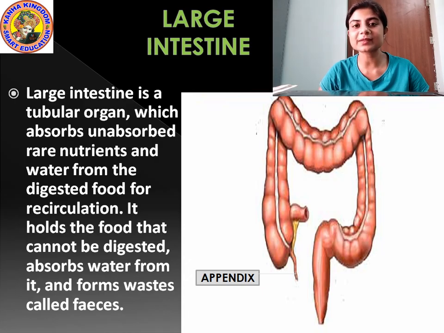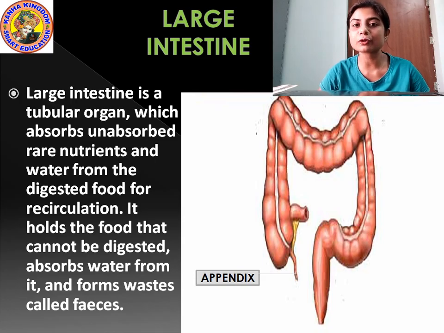The body absorbs the water from that undigested food, and the remaining undigested food moves from the large intestine, which forms waste called feces. Feces is the waste that forms in our body. Understood? The undigested food that forms waste is called feces, and this feces is formed in the large intestine.